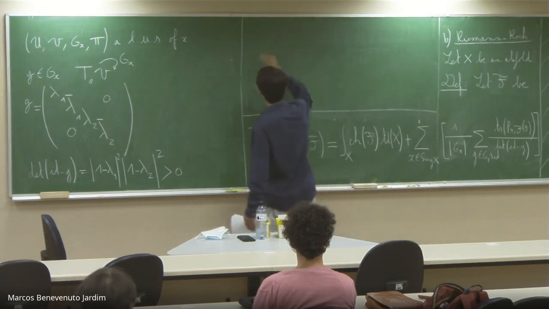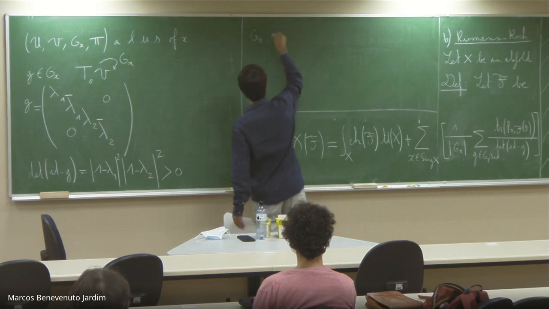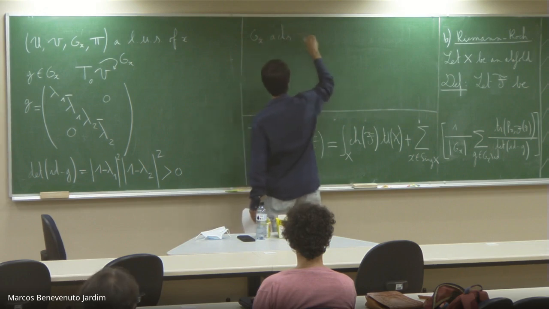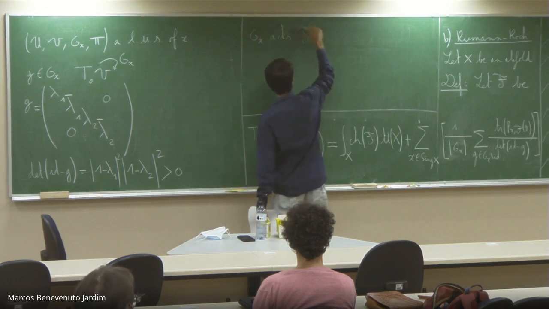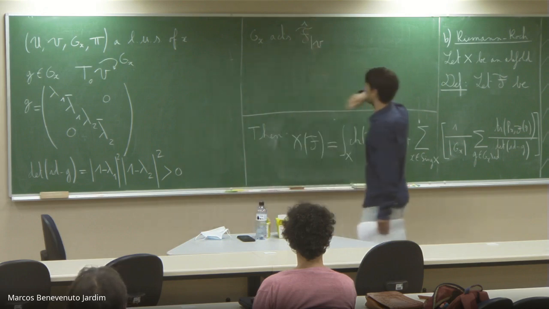So we also have G. X acts also on this part of a sheaf that I called F hat.